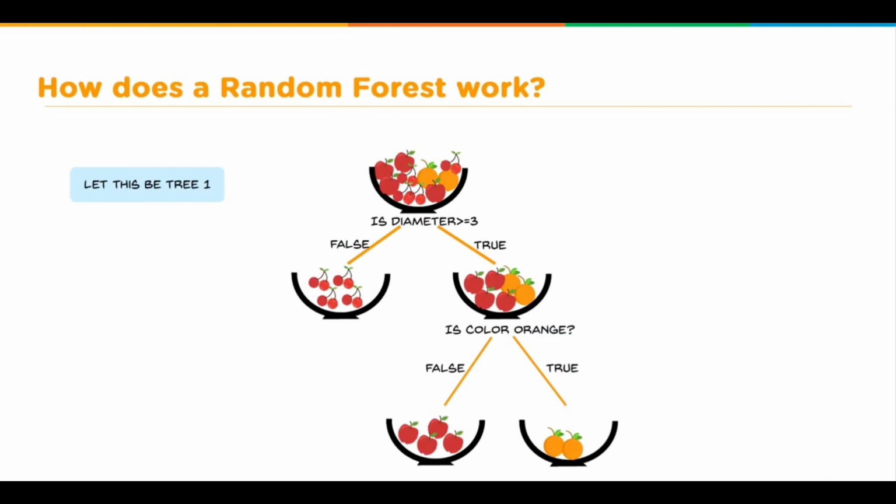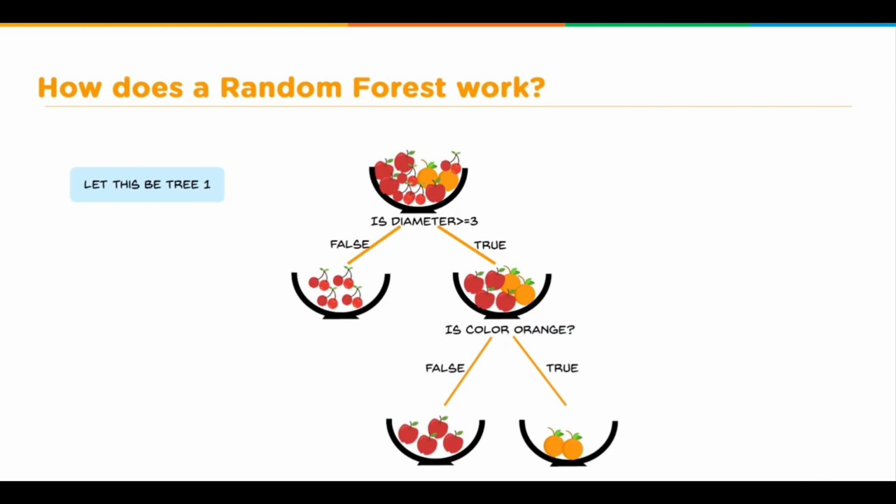Let us know how a random forest works. Let us consider this is tree 1. Here there are apples, oranges and cherries. From the first bowl, is diameter greater than or equal to 3? If the diameter is less than 3, then the condition will be false, otherwise true.